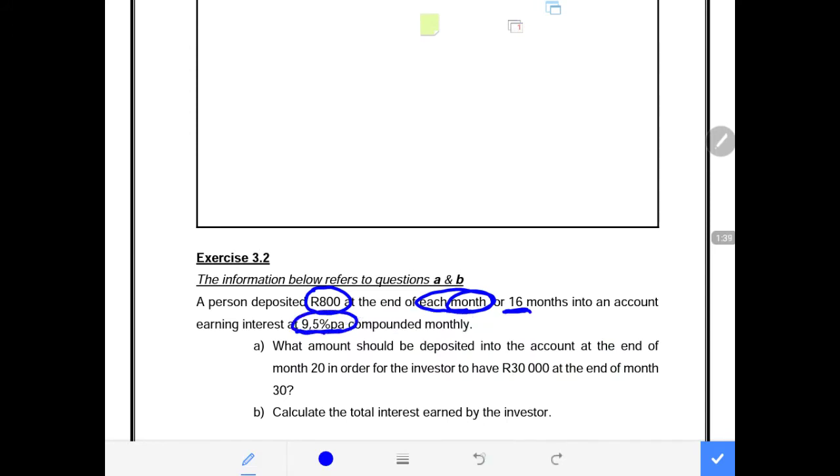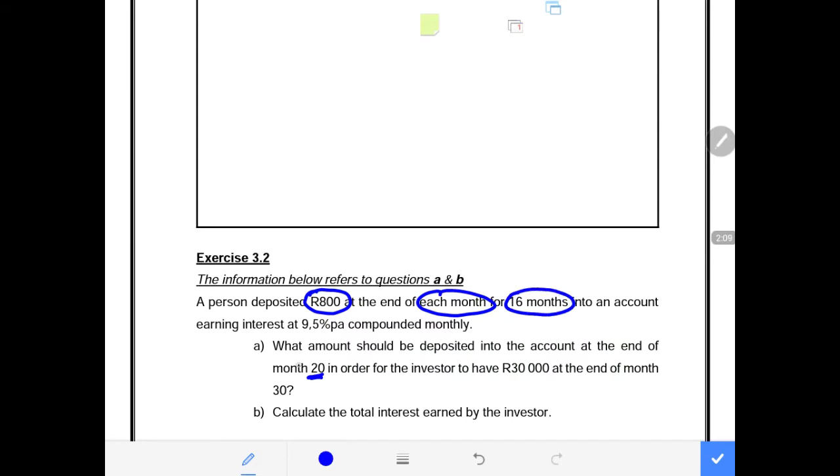So the minute it is a series of equal payments made at regular intervals at the same interest rate, therefore now that becomes an annuity. And it continues by saying, what amount should be deposited into the account at the end of month 20? Take note of the fact that this series of 800 made in each and every month were made for 16 months.